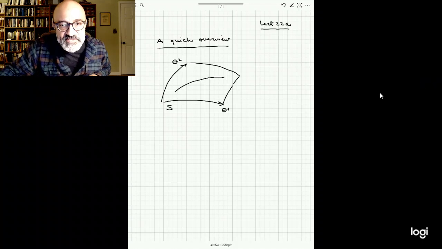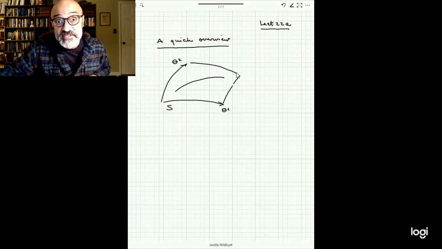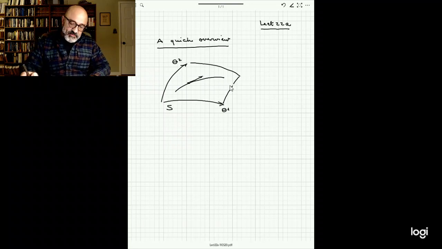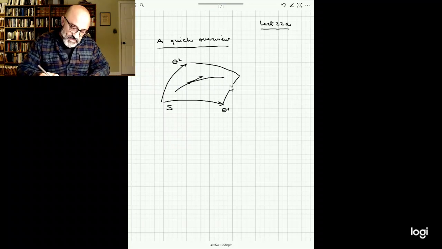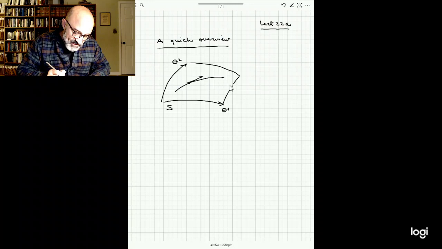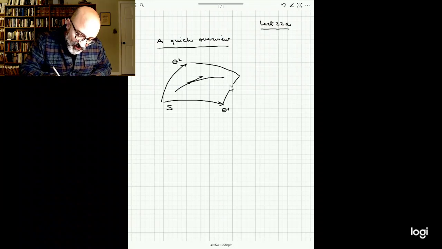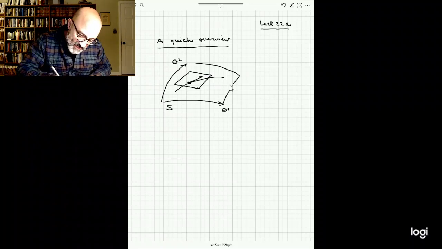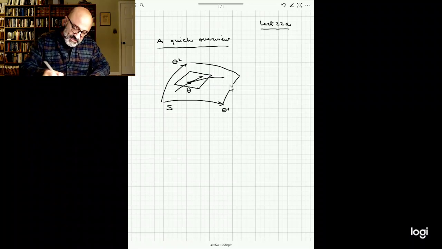And the reason we want to study curves is that eventually we're going to want to study dynamics, how things move, how probabilities evolve. At any point, we would like to study velocities, and those are typically described by vectors. If we consider all possible vectors at one particular point, we're going to generate the tangent space at that particular point theta.